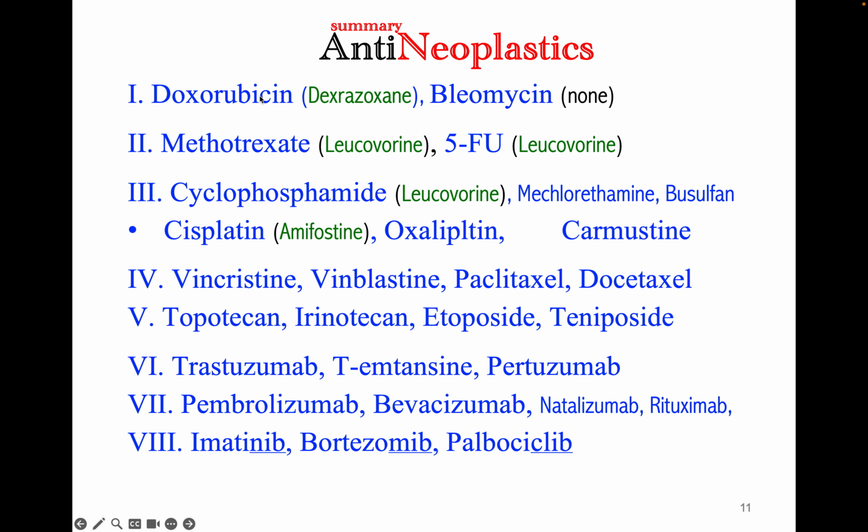Then the adverse effects. To talk about adverse effects, remember the metabolite of doxorubicin is called doxorubicinol. That is a major component causing this cardiotoxicity. So what happens is, doxorubicin in the heart causes intercalation of DNA like in other cells.